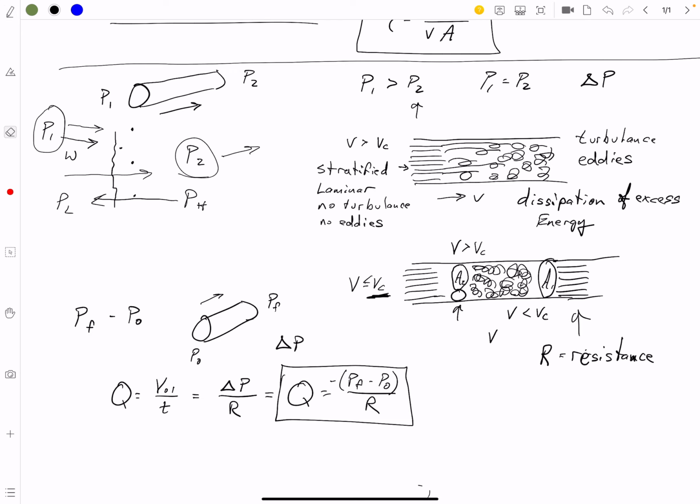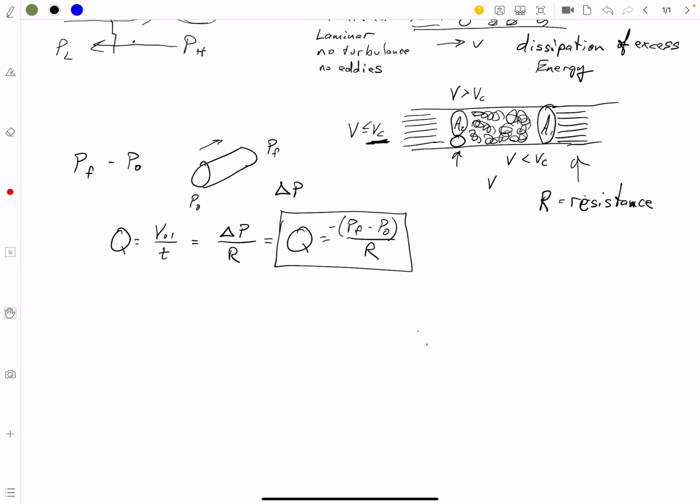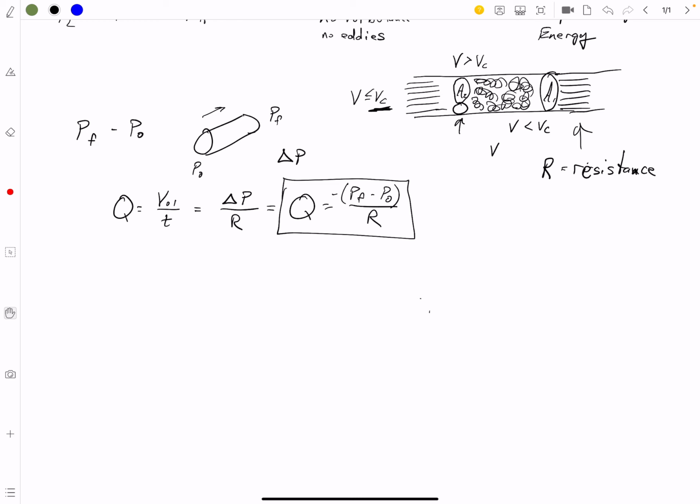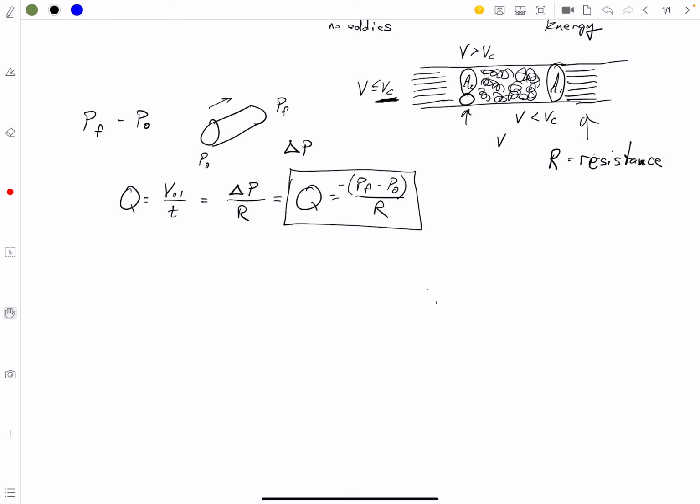But maybe I'll fix my notes. But at any rate, our P final has to be lower than our P initial for the flow rate to go in this direction.